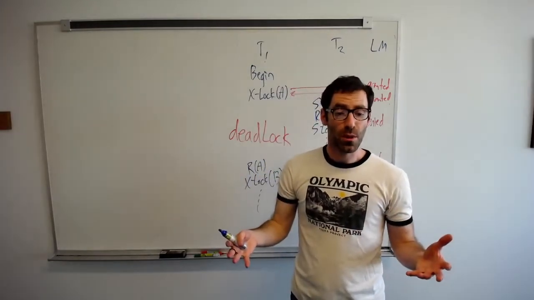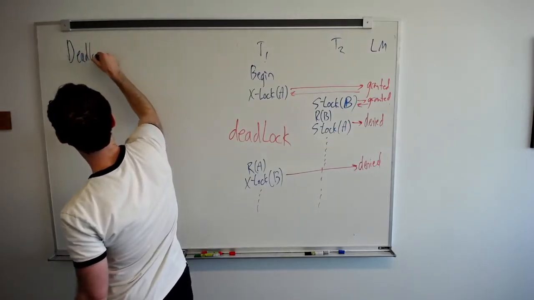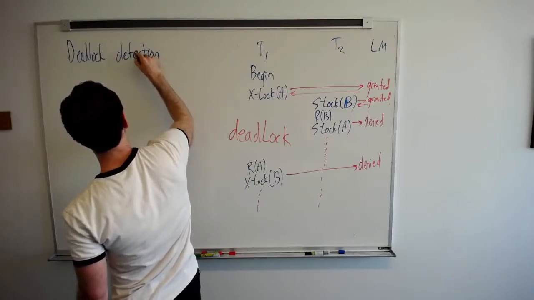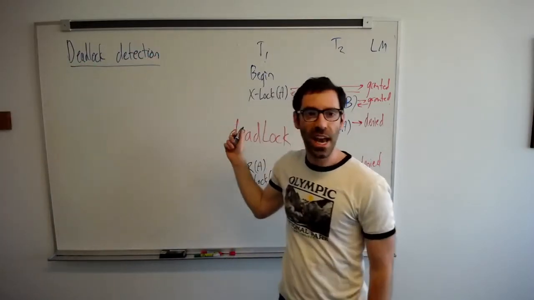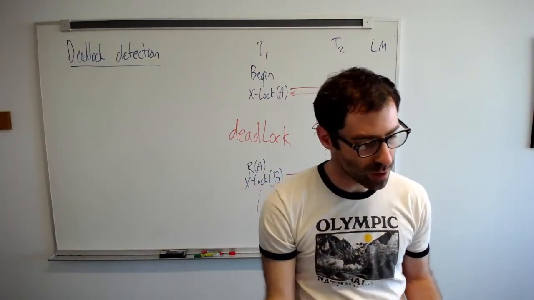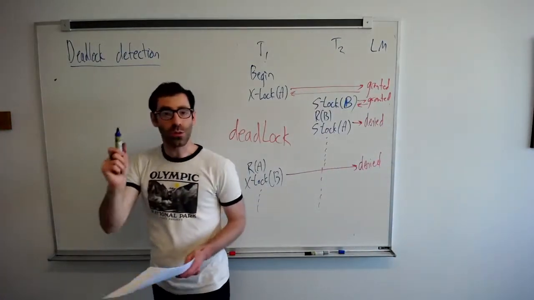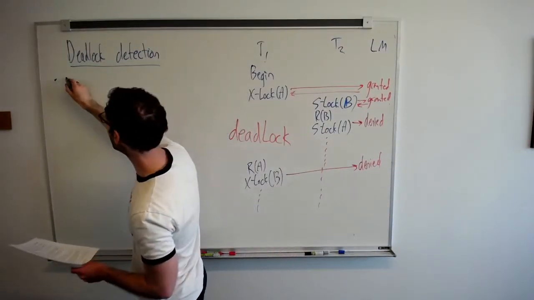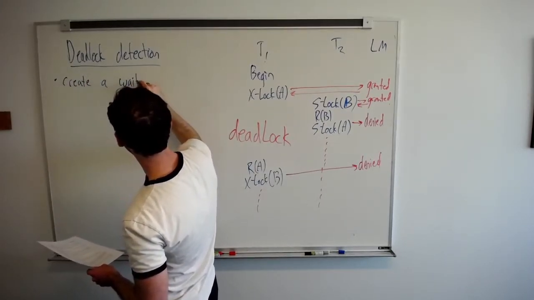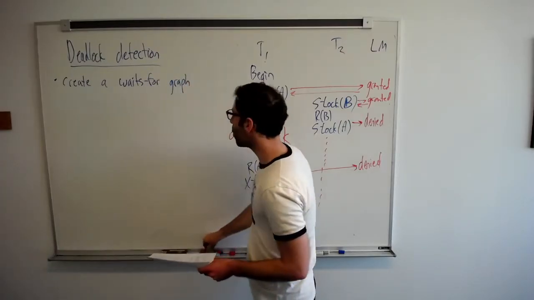So the thing that I want to talk about first is deadlock detection. How can we detect when this situation arises and prevent it from occurring? So what we're going to do is, again, we're going to use a graph, handy tools. We're going to create a waits-for graph.